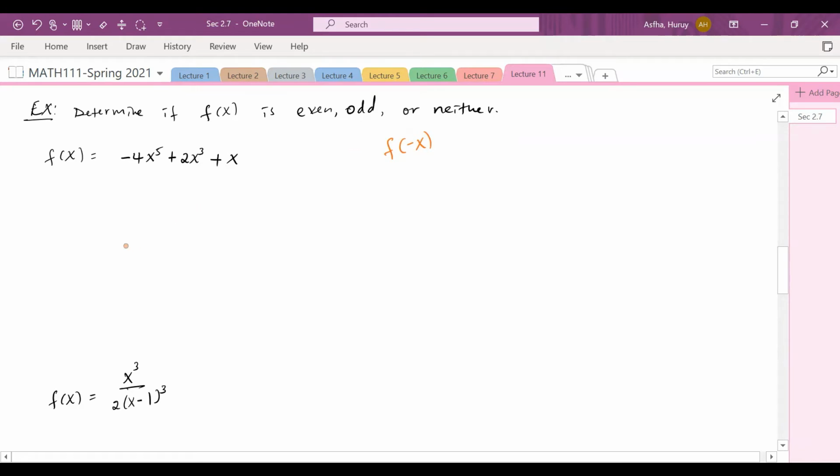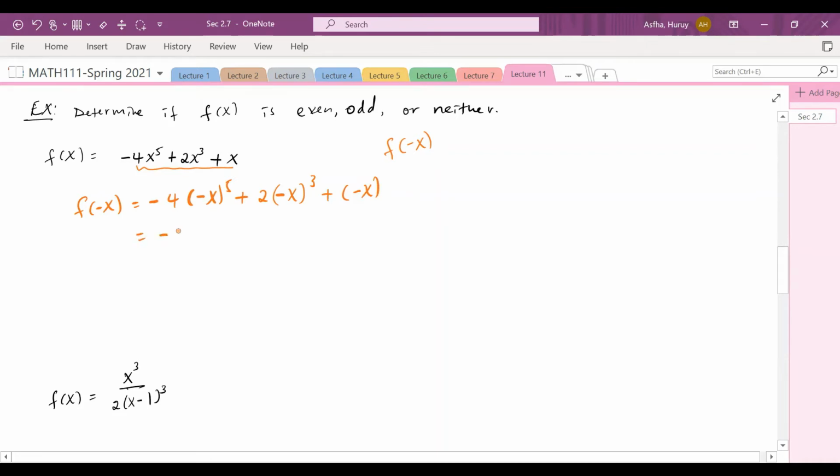So let's see. f of -x: replace every x by -x. Therefore, I will have -4 times (-x) to the power of 5, plus 2 times (-x) to the power of 3, plus (-x). What do we have here?